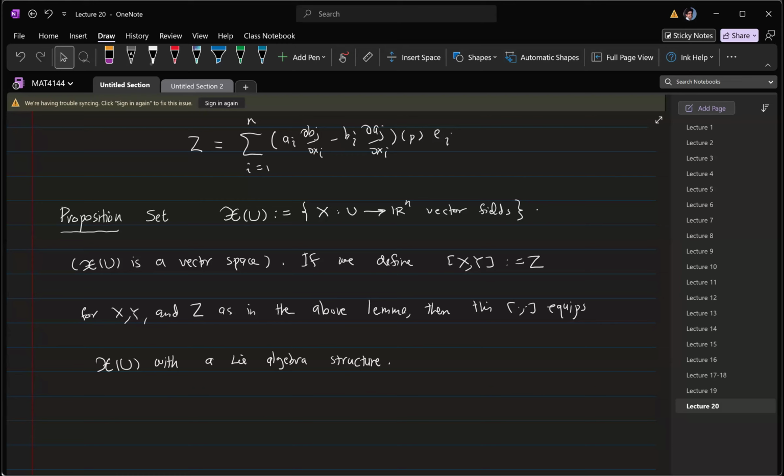The dimension of X(U) as a vector space is huge, because really at any point, you have an n-dimensional vector space of choices. So the dimension of X(U) really is infinite. It's really uncountable dimensional. It's like the space of all R-valued functions F from R^n to R. There are so many functions.